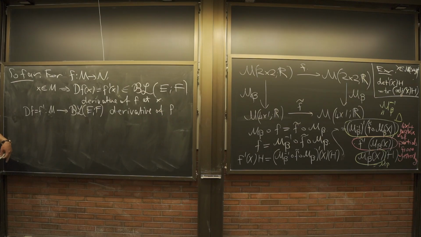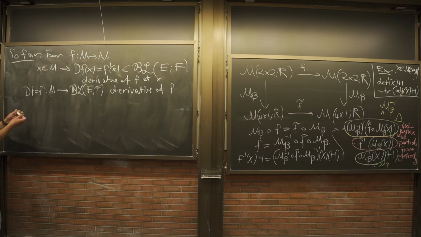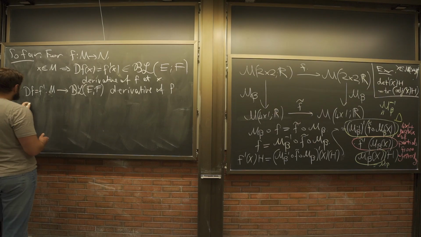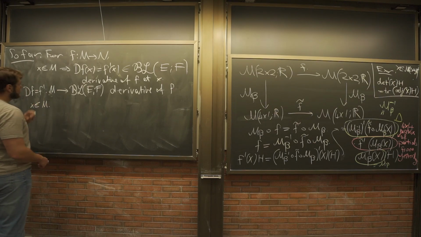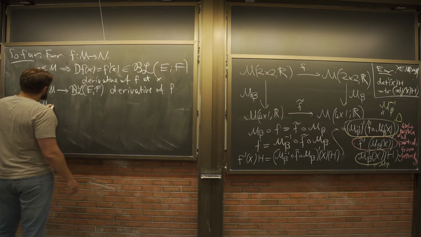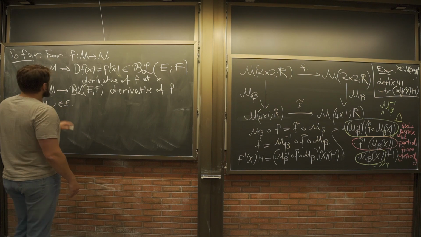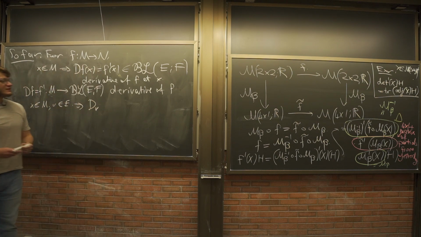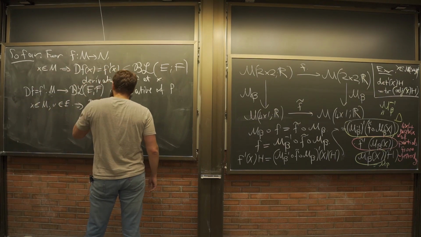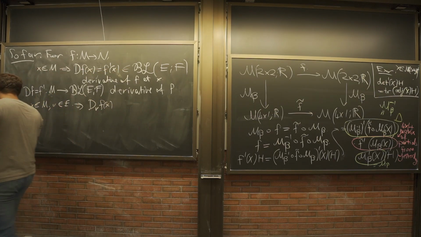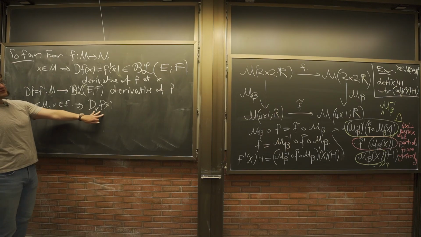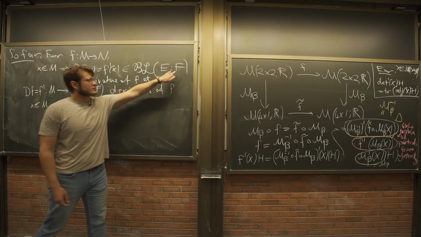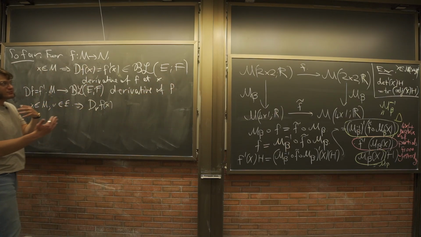Then we had the directional derivative. We fixed a point and a vector, right? And we denoted this by capital D sub v f x. And what was this? What was its type? It was a vector in F. It's not an operator now.